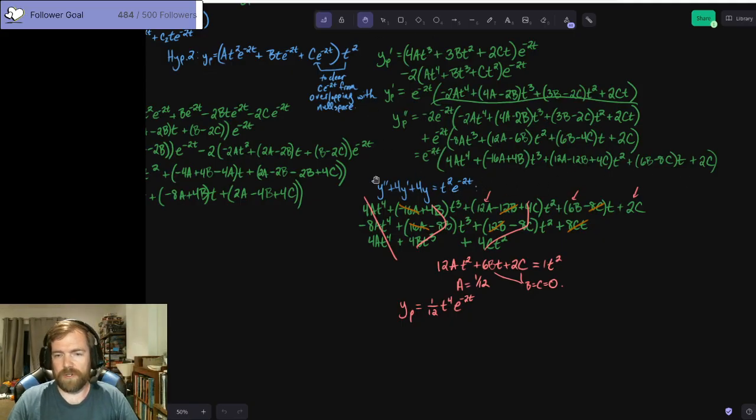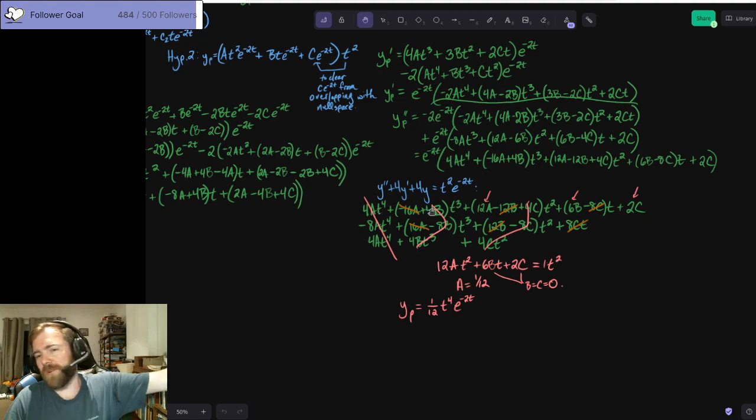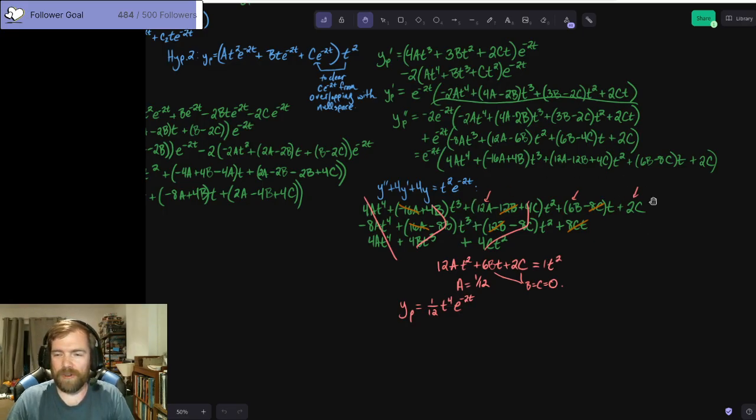When we do that, we then take all this stuff, take both of its derivatives, put it into the original differential equation here. A whole bunch of terms cancel out, which made me feel very nice. And then we get all of our like terms on the left and the right side, which we got here: 12a t squared plus 6bt plus 2c is equal to t squared. Our t squared terms have to match, so 12a has to be 1.